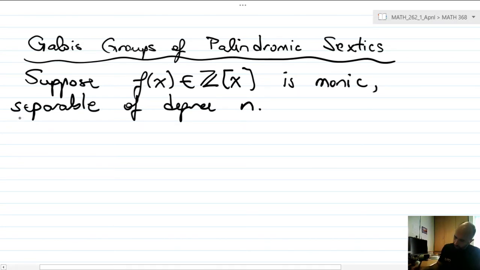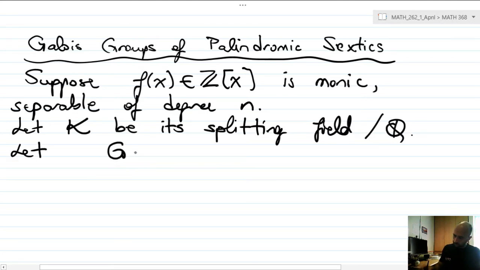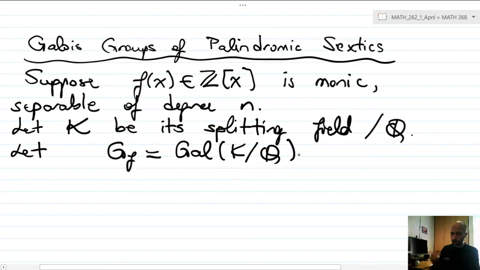More specifically, let K be its splitting field over Q, and let G_f be the Galois group of K over Q. Okay.